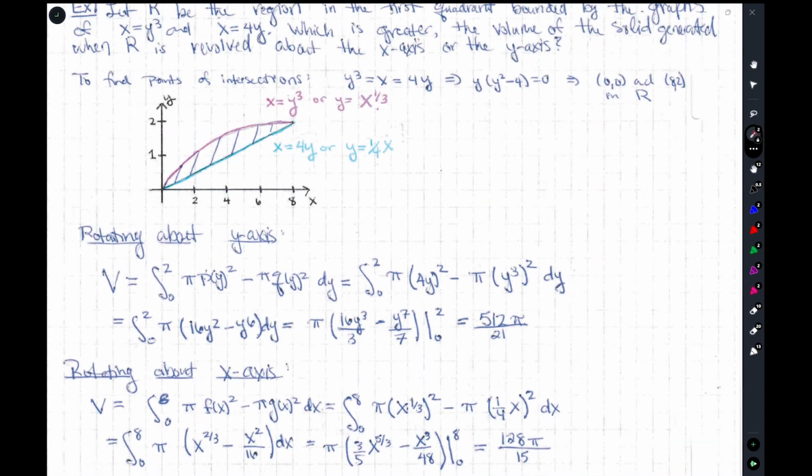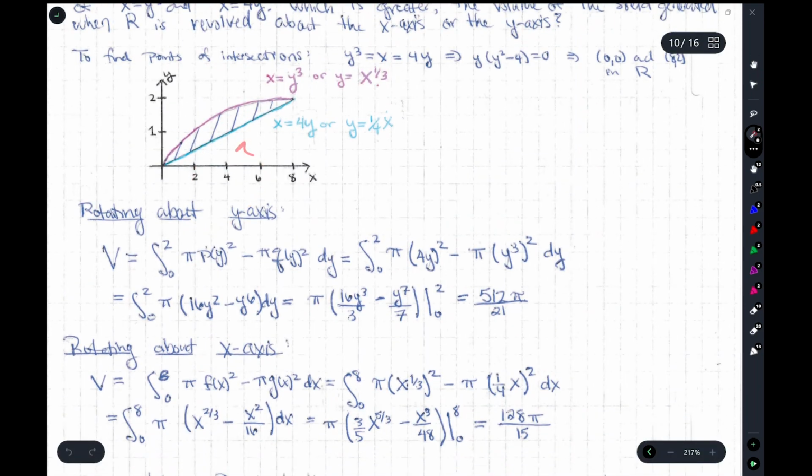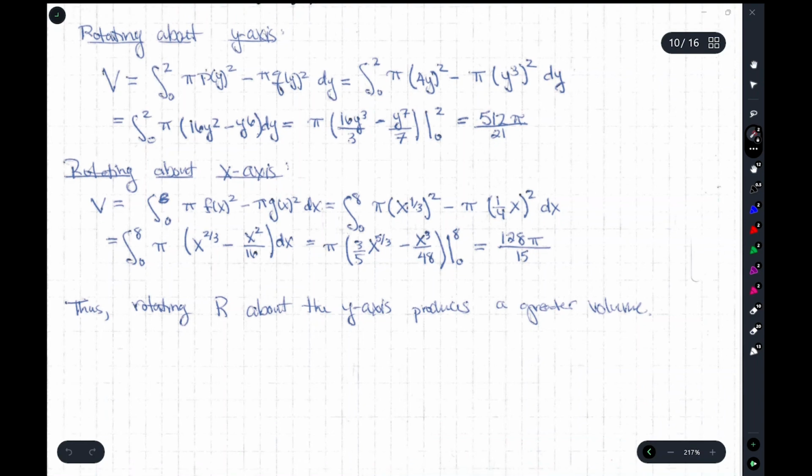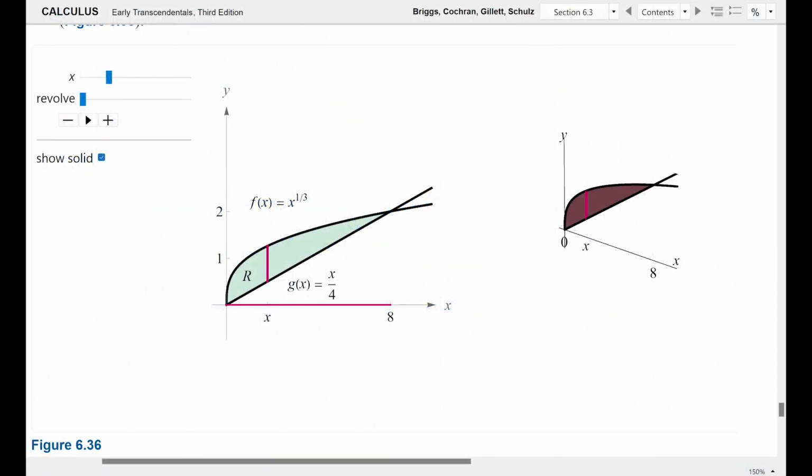Now, we could have rotated this around x instead of y. Let's see how that looks. Notice here that once we want to rotate about the x-axis, we have to be careful and write these curves as functions of x. And once we rotate, you could see we're getting the volume there.